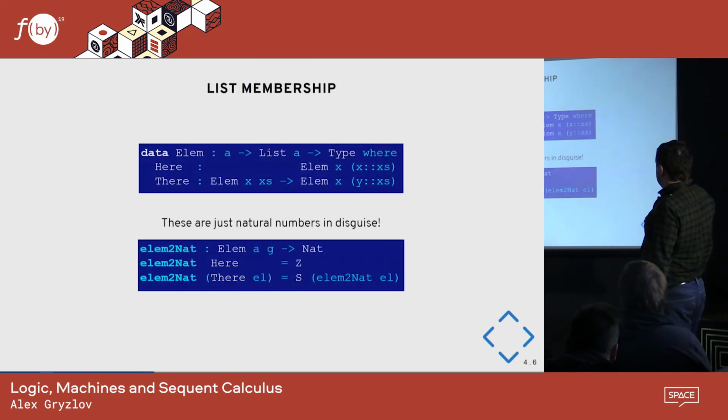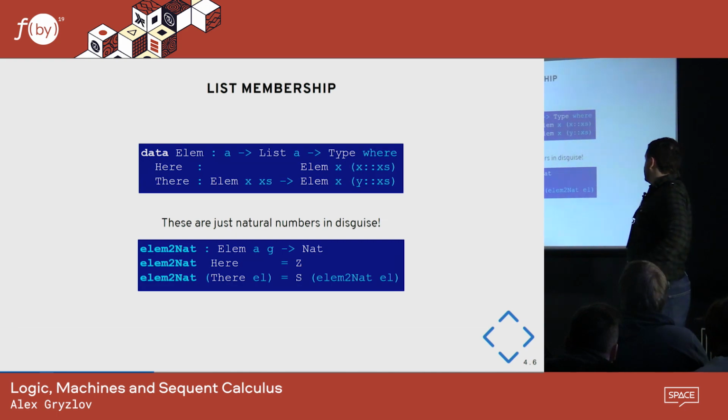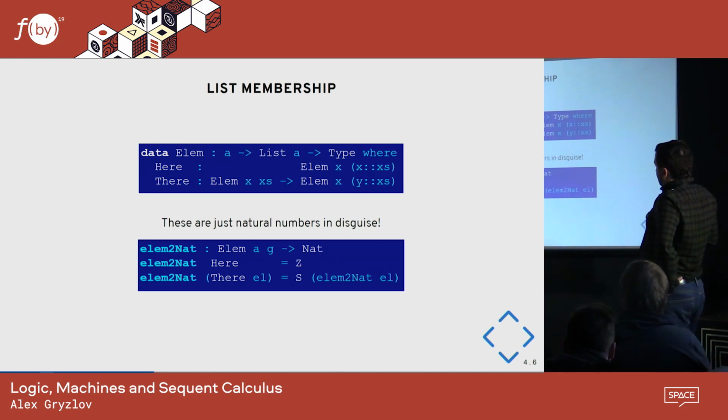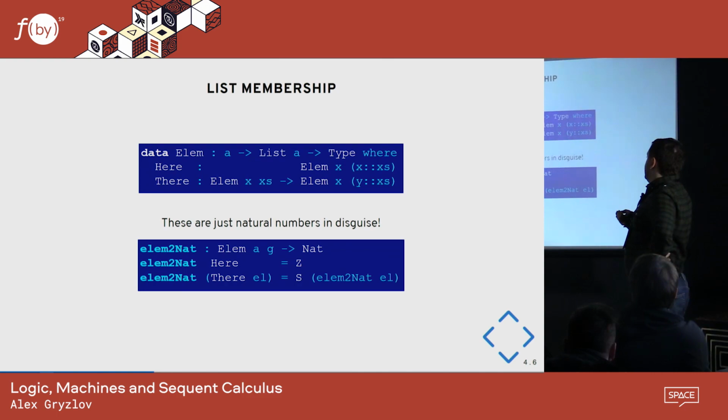Okay, let's do something more interesting, the simply typed lambda calculus. But first, let's see how we could encode the so-called list membership. This is where the property of Idris being a dependently typed language comes in. This proof that some A is inside of a list of A is a pointer to where it is.